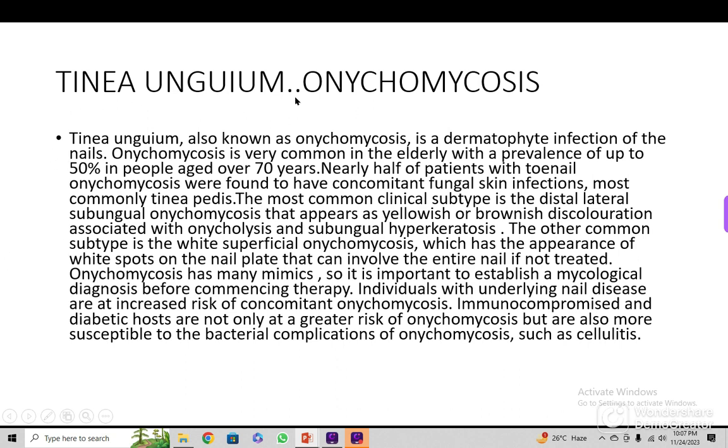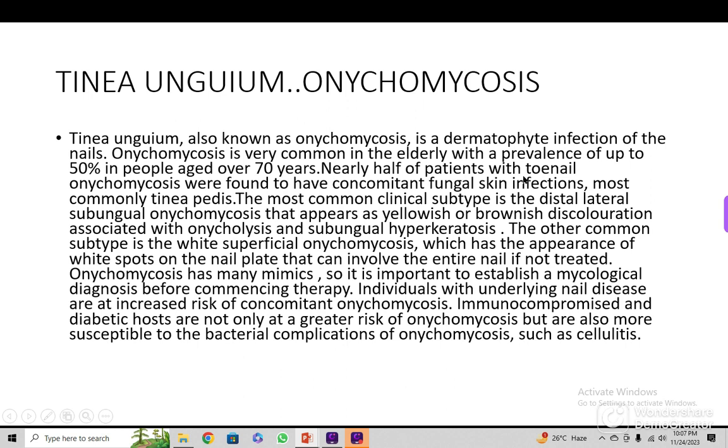Tinea unguium, which is also called onychomycosis, is the dermatophyte infection of the nails. Manuum is for the hands, unguium for the nails. Onychomycosis is very common in the elderly, with a prevalence of up to 50% in people aged over 70 years.